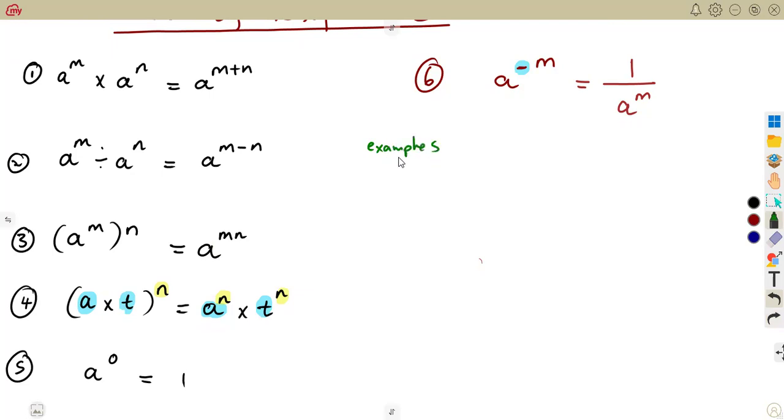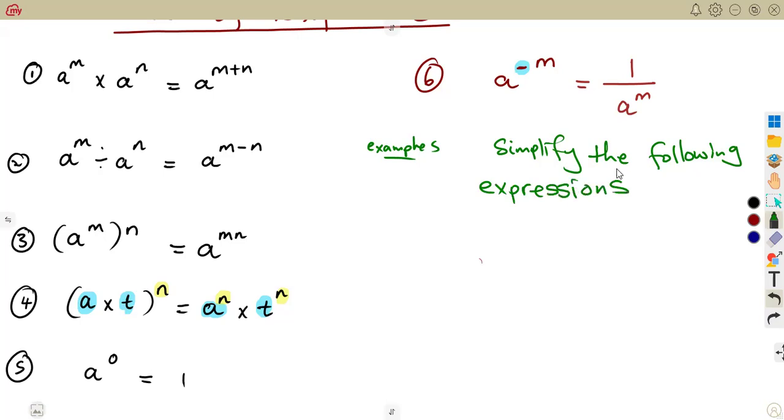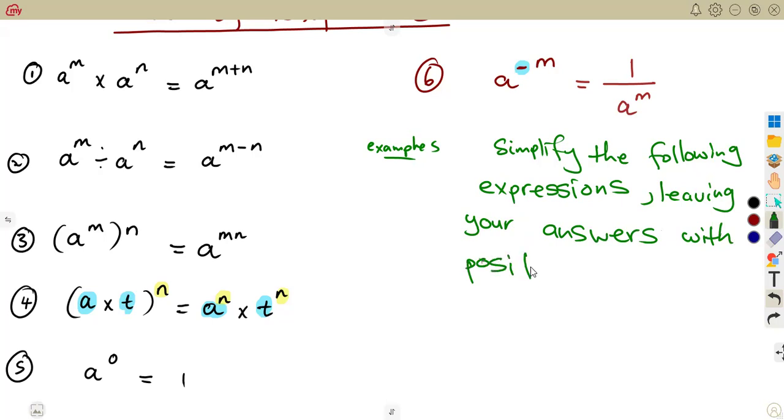We might be given to simplify the following expressions, leaving your answers with positive exponents.